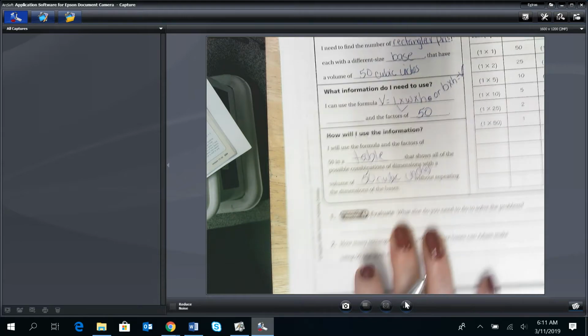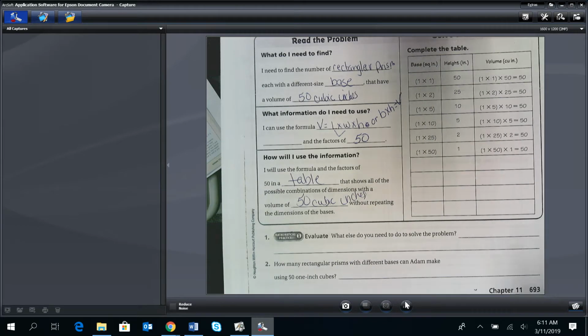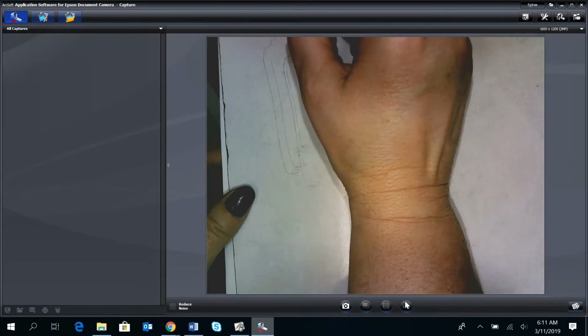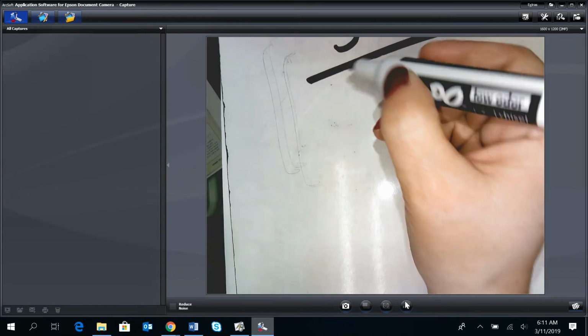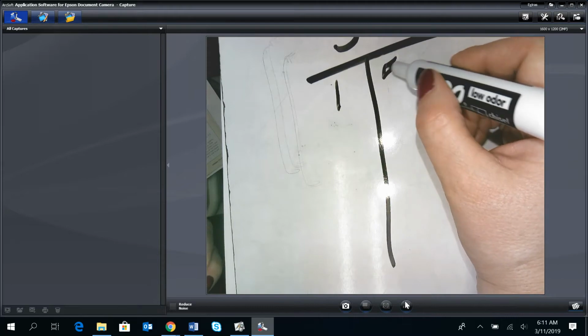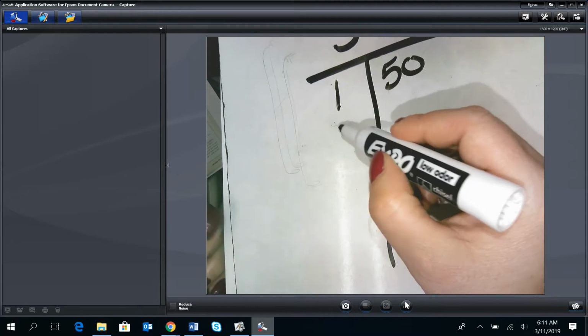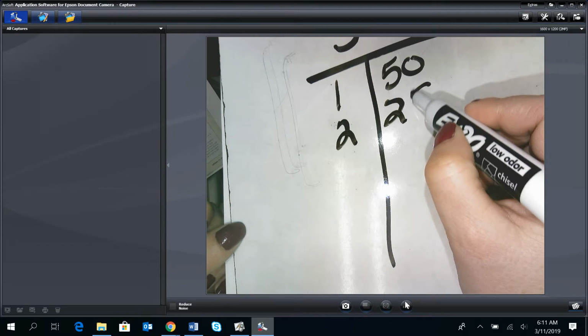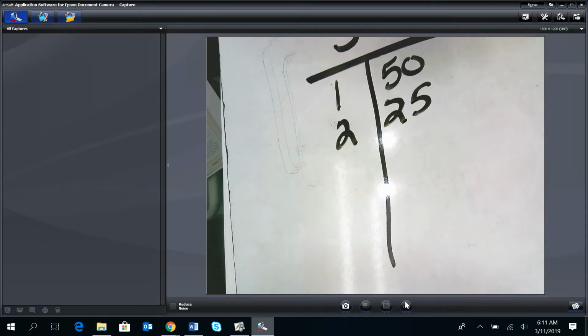Okay, so we're going to look over here. And I think the easiest first thing to do is just do 50. If we do our T-chart for 50, we have 1 and 50, 2 and 25. Anything else that equals 50?